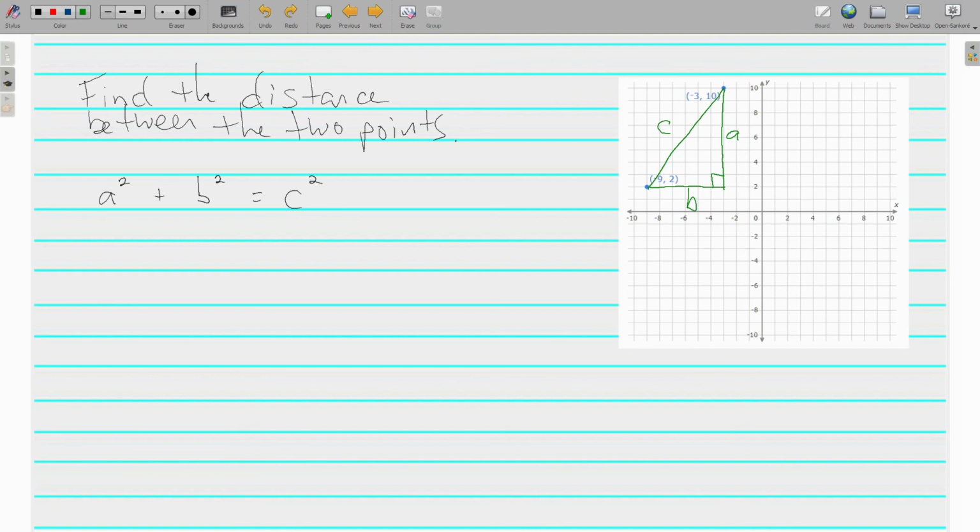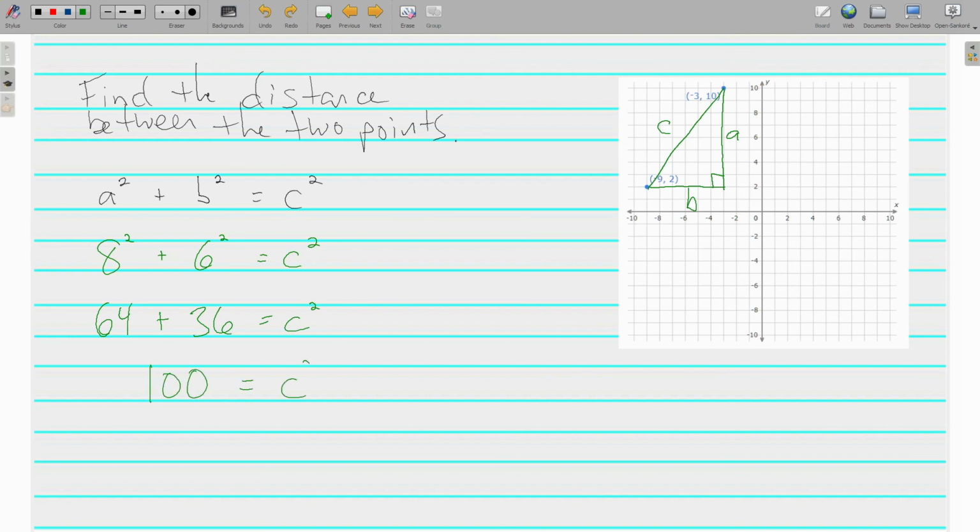Now how much is A? Well, this we can count. 1, 2, it's from 10 down to 2, so the length of side A is 8, squared. The length of side B is 6, squared, and we're trying to find the length of side C. 8 squared is 64, 6 squared is 36, is equal to C squared, and these are familiar numbers.